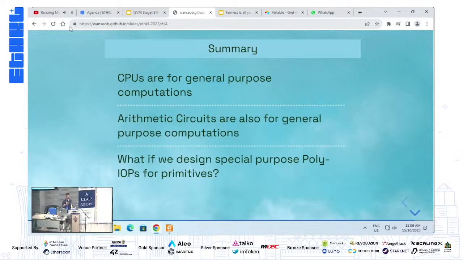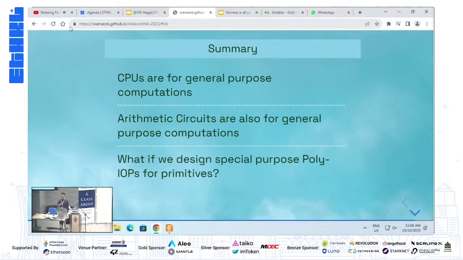And we have seen two good examples of how to replace the circuits using algebraic formulas, in the case of the rate limiting nullifier and also the semaphore, and also for the primitive IOPs, for example, lookup argument IOPs, we could design a specific gadget only for the lookup arguments, which is something like designing a special GPU.